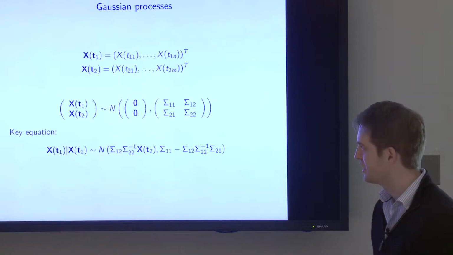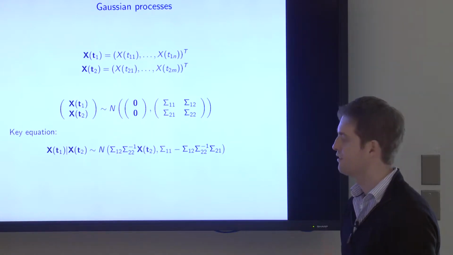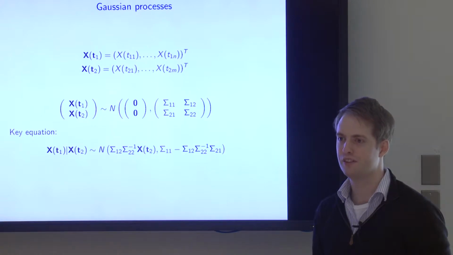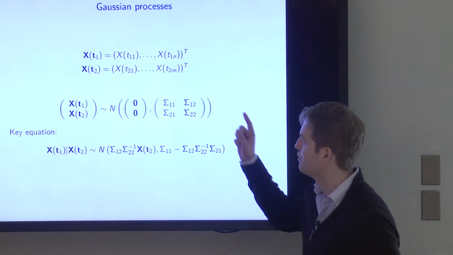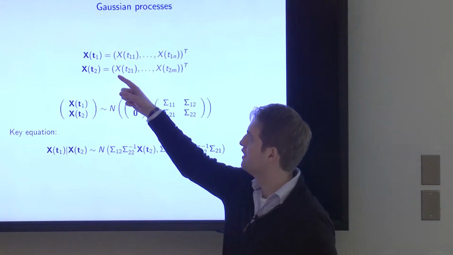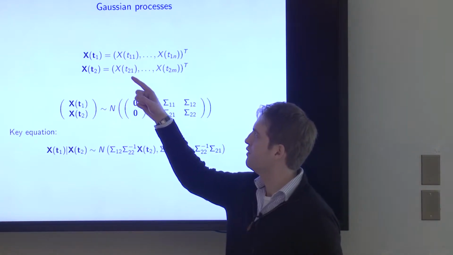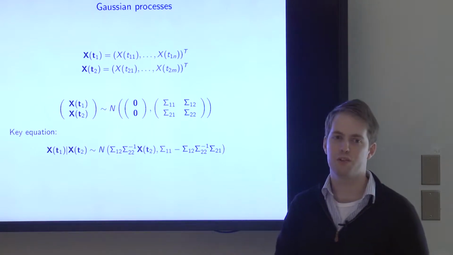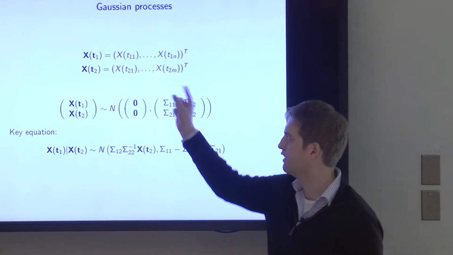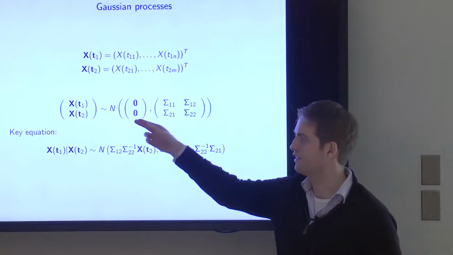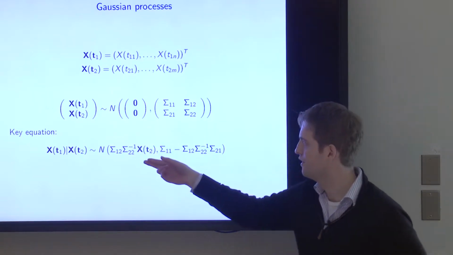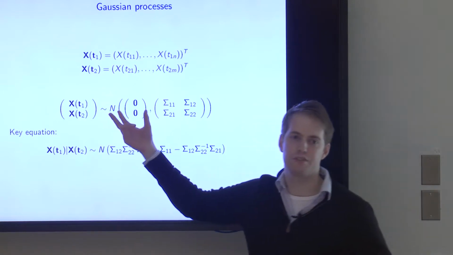It's maybe surprising in some way, but Gaussian processes just exploit the multivariate normal distribution properties, which makes things very flexible. So imagine that you wanted to know the process at times t1, and you had observed it at times t2. Then a Gaussian process would be set up like this.